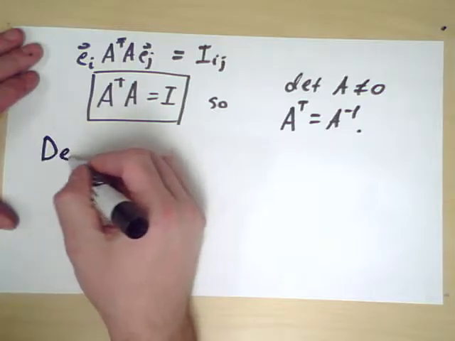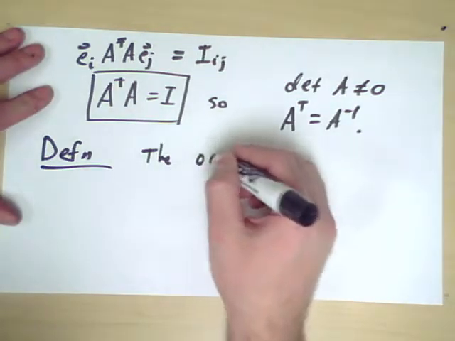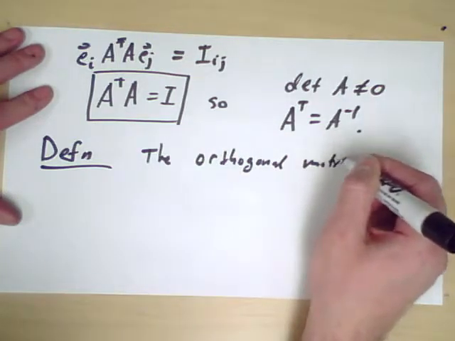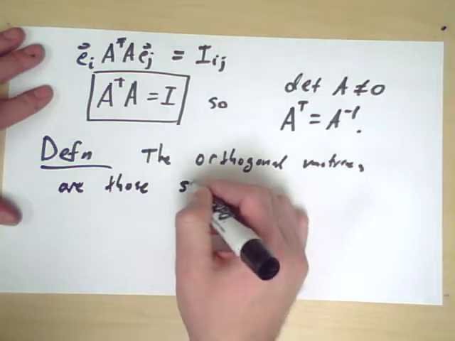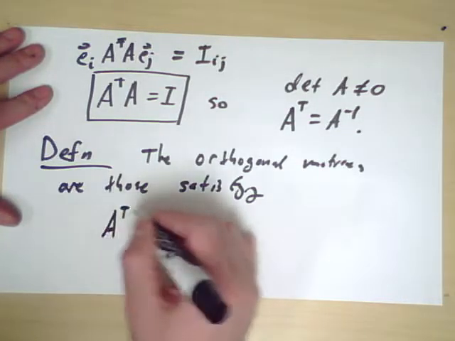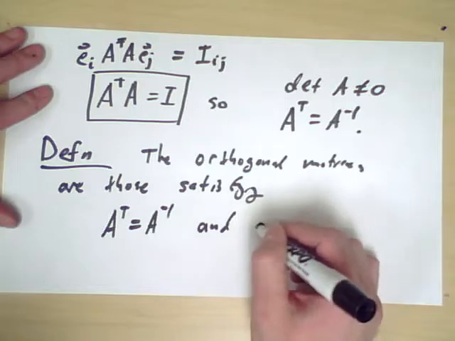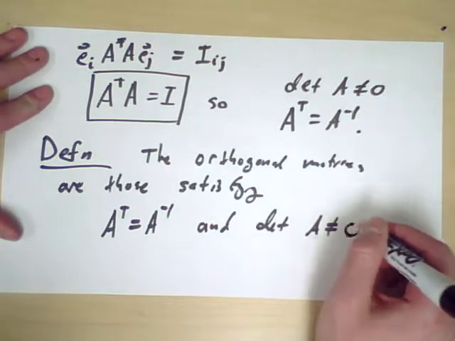So here's our definition. The orthogonal matrices are those satisfying A transpose equals A inverse and determinant of A is not equal to 0.